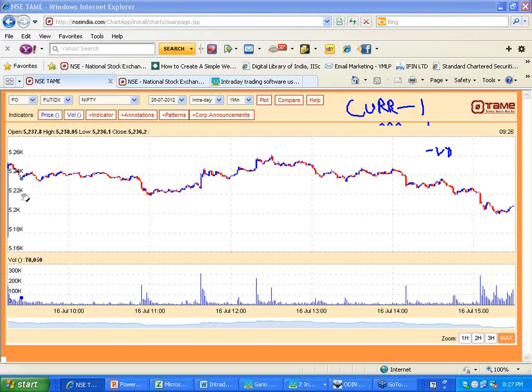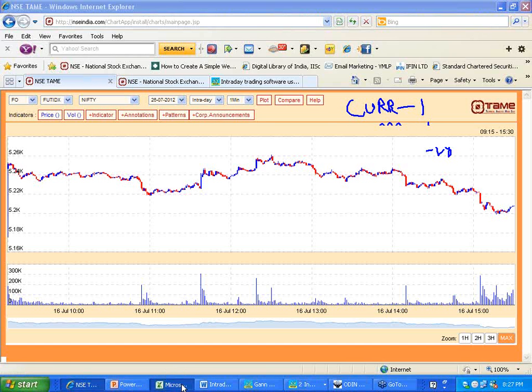At 9:25 we made a low of 5236. The 9:16 high was 5252, and 5236 is the 9:25, 9:26 period, and around 9:31 we are at 5241. This is the level we are trading.